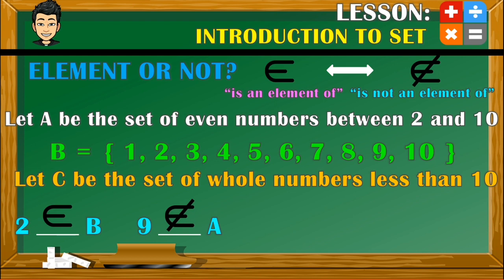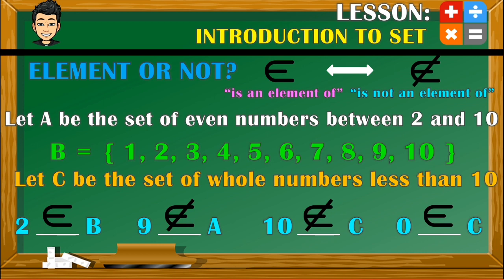Therefore, it is not an element of A. Is 10 an element of C? Ten is not an element of C. Is 0 an element of C? Since we are talking about whole numbers less than 10, therefore 0 is an element of C.